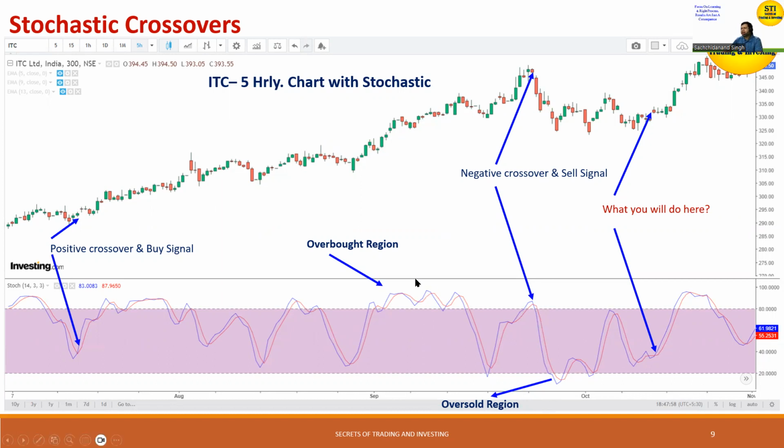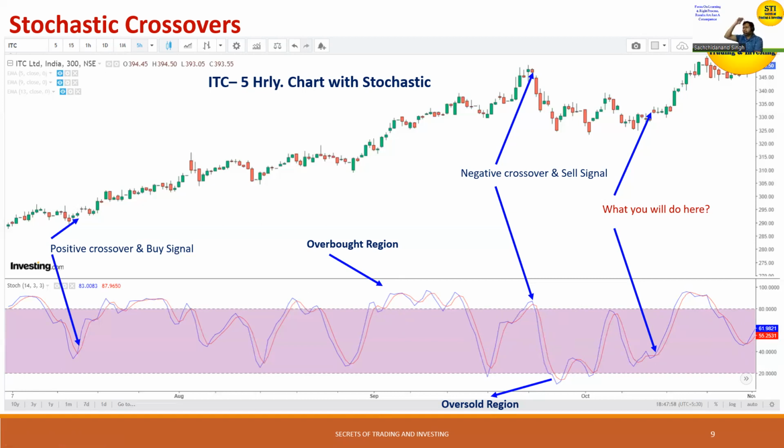And if the oscillator is moving above 80, if you look at this value, the maximum value is 100 and the minimum value is 0, and this oscillator keeps oscillating between these two ranges. When the oscillator spends a reasonably long time in an area above 80, it is known as the overbought region.